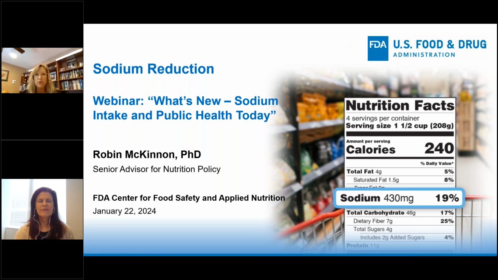Prior to joining FDA, Dr. McKinnon was a health policy specialist at the National Cancer Institute, National Institutes of Health. At NCI, Dr. McKinnon led policy-relevant research activities on diet, obesity, and physical activity. She has a PhD in Public Policy Administration from the George Washington University and a Master in Public Administration from Harvard University. Welcome, Robin.